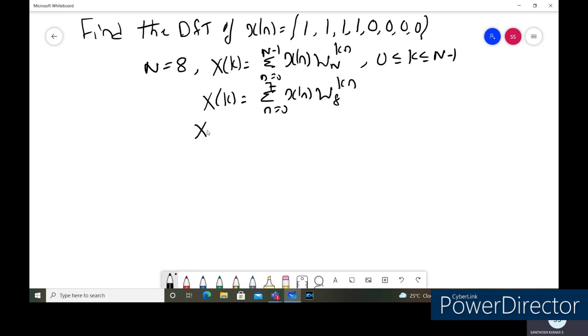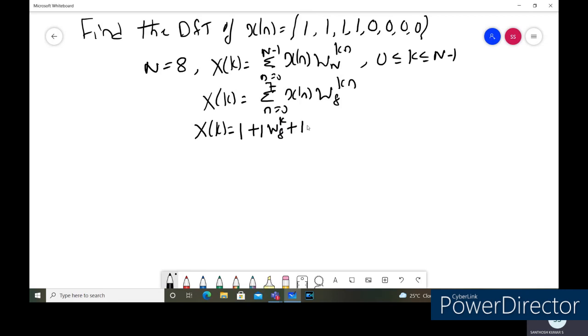So here we get X of k is equal to, if I substitute n is equal to 0, x of 0 into omega 8 to the power of 0. x of 0 is nothing but 1. Directly I am going to substitute here. So it is 1 plus, for n is equal to 1, x of 1 is 1 into omega 8 to the power of k.